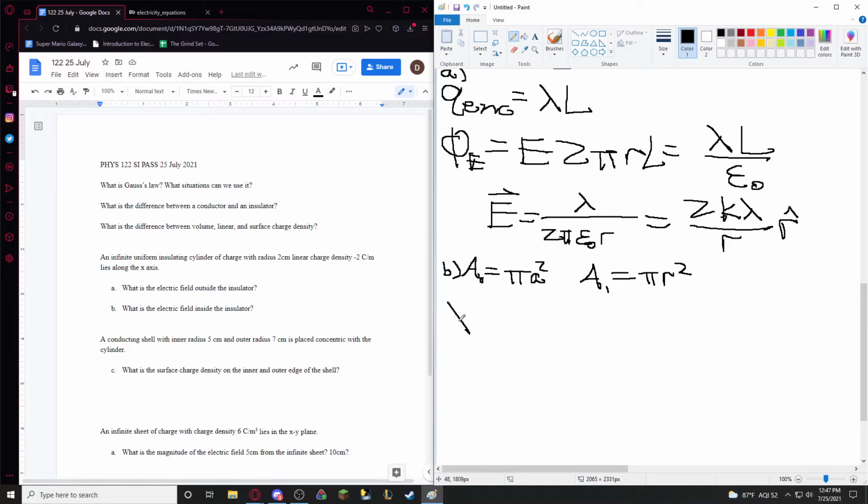Right. So our new lambda, lambda prime, is equal to our original lambda times the ratio of our areas, which is r squared over a squared. Does that make sense? Do you have any questions? It does make sense. So now how do we get the electric field inside our insulating cylinder?